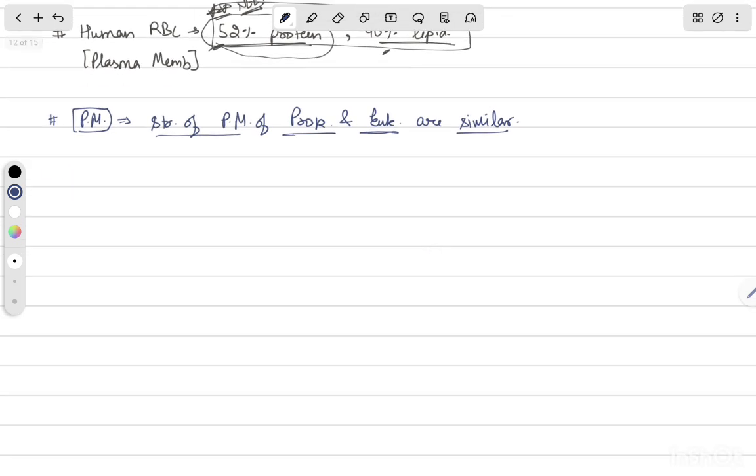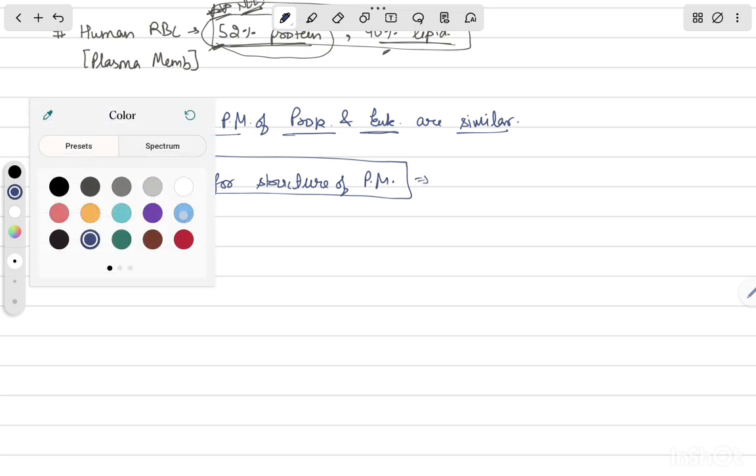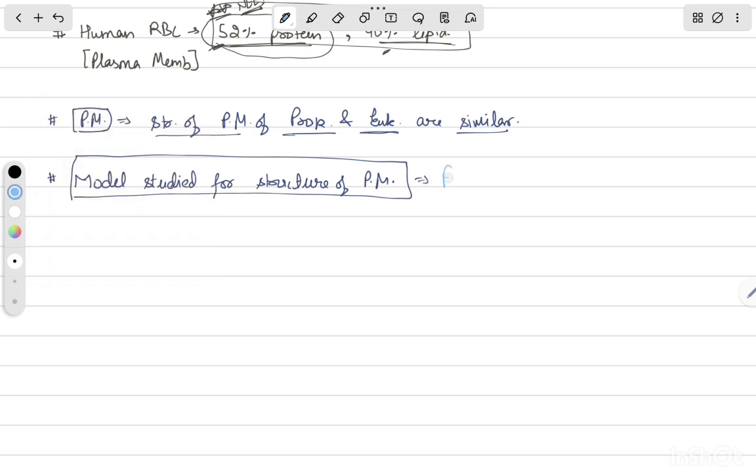Now, which model is studied for the structure of the plasma membrane? It is the fluid mosaic model.